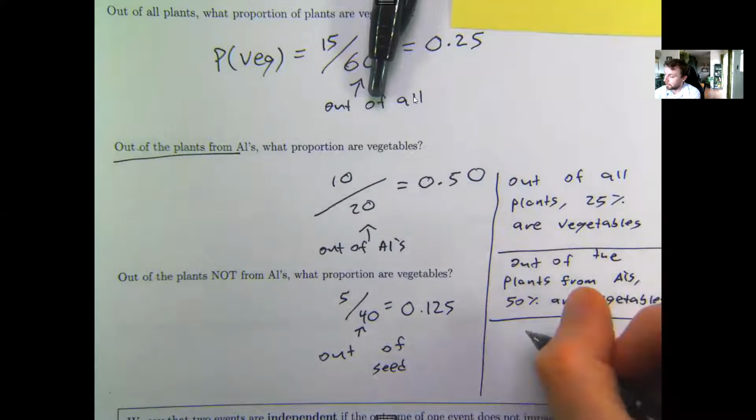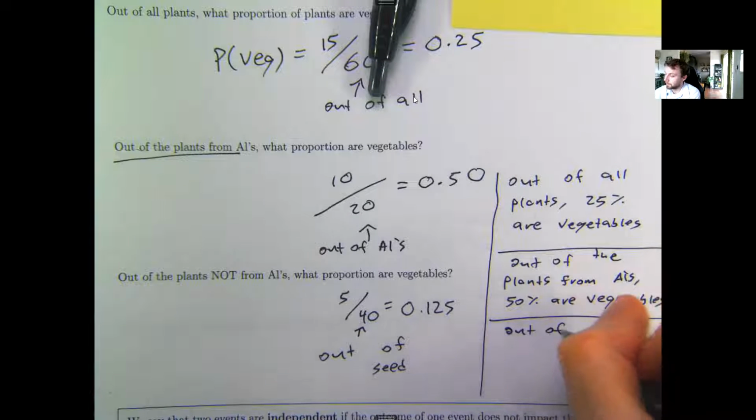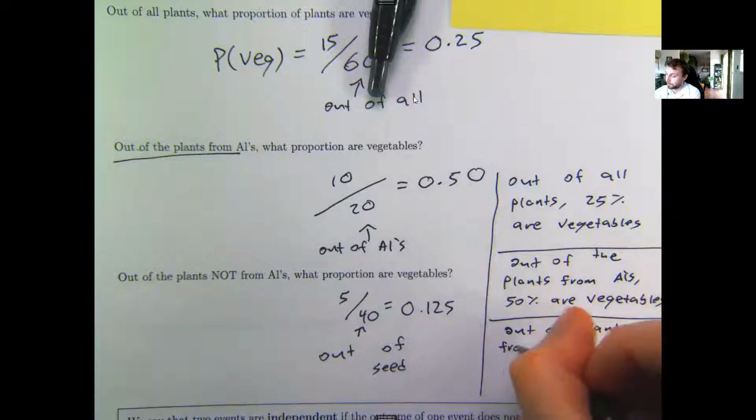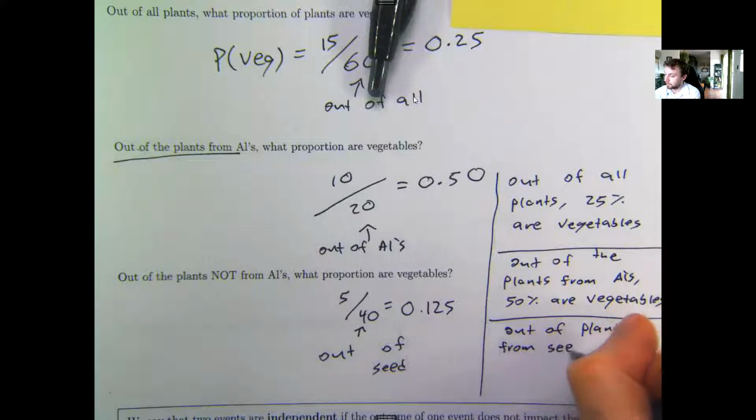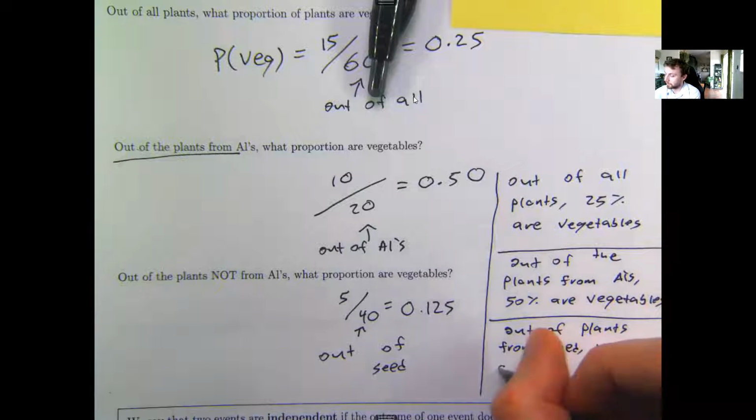And out of the plants that I grew from seed, not from owls, 12.5% are vegetables.